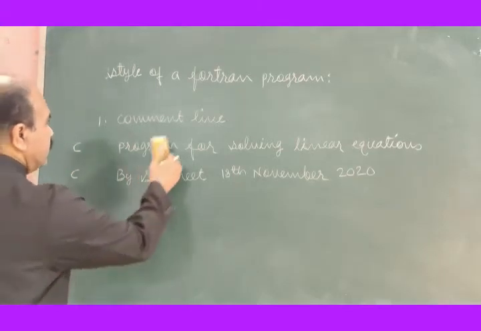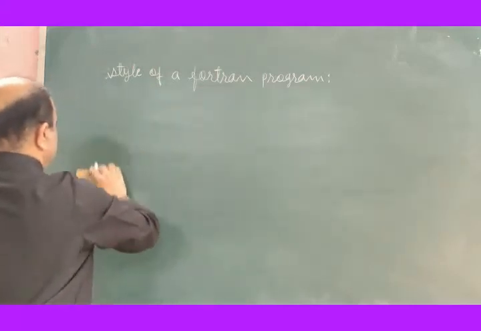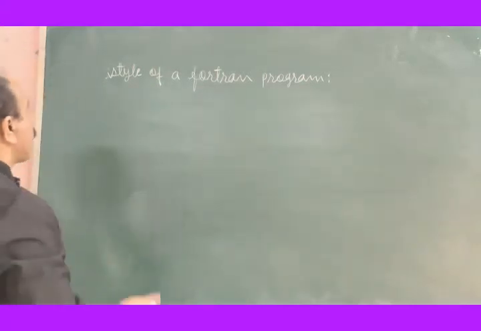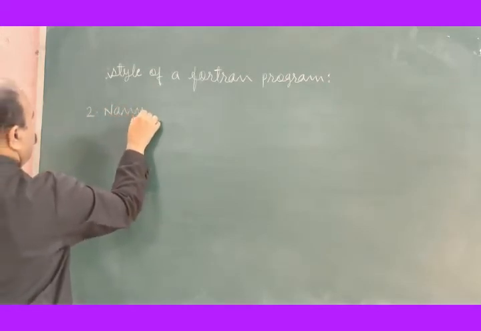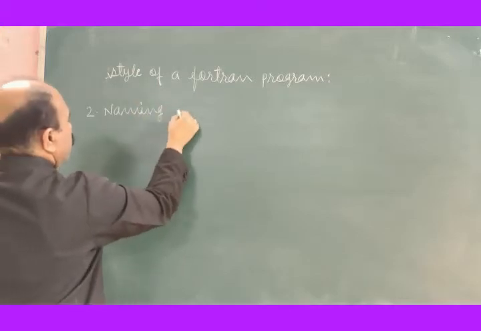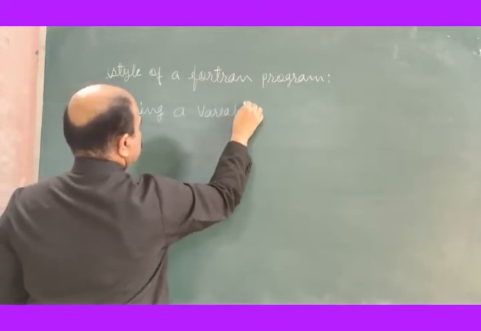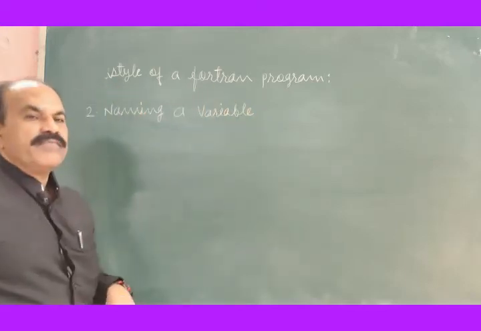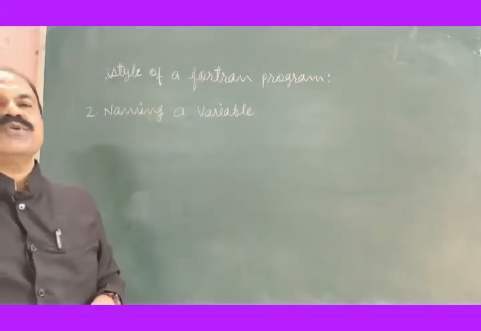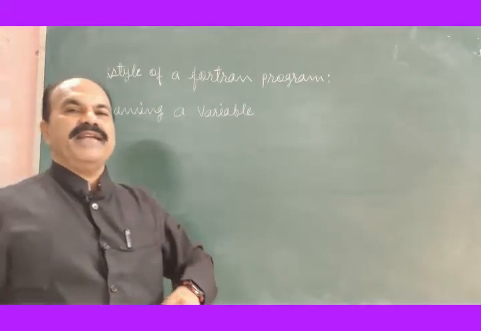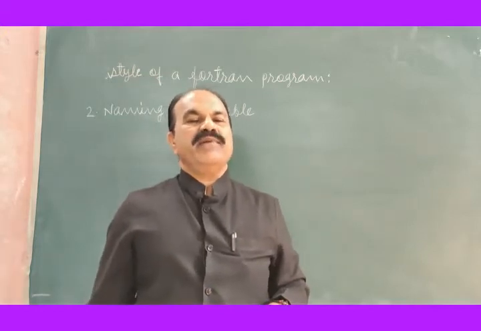After that, the second thing that we must know in style of a Fortran program is naming a variable. You know rules of writing names for variables.